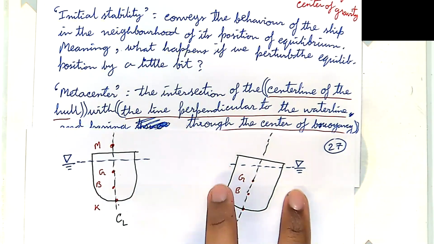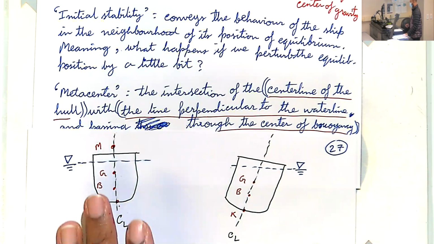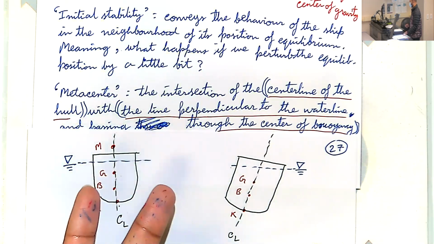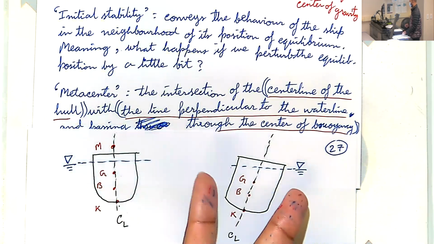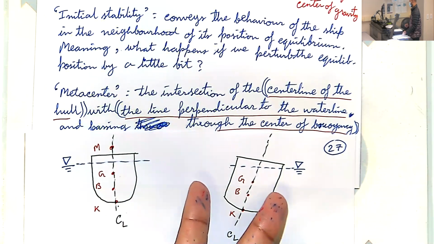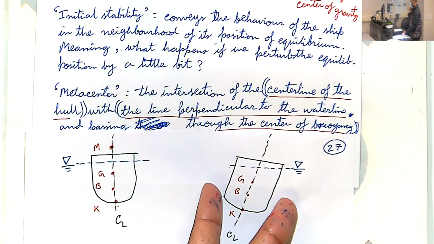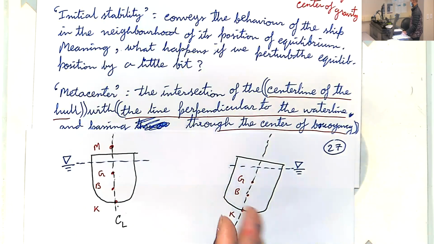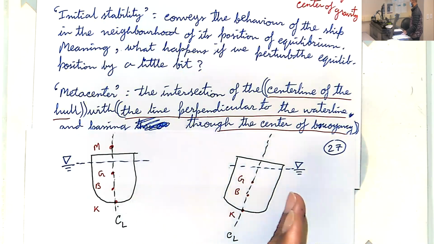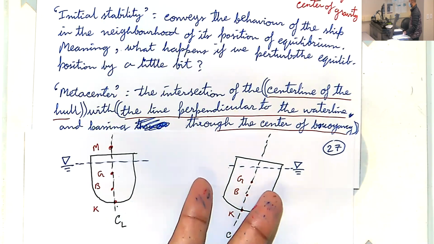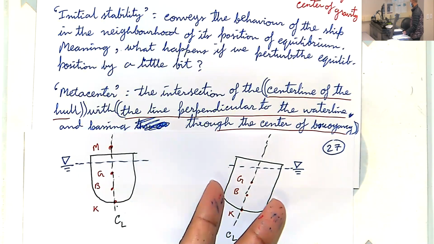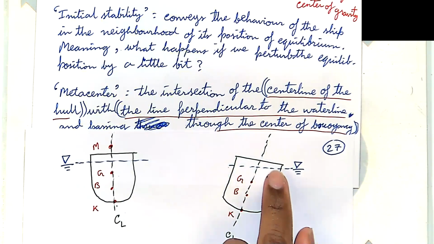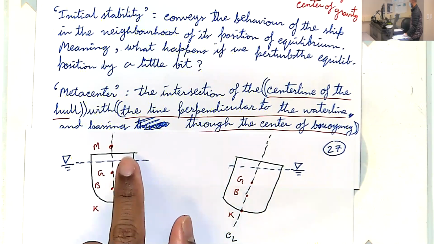But what you have done is, here, the submerged volume was distributed equally on the starboard side and the port side, on the left and the right. What has happened here? Intuitively, if we cut the hull into half, the left half and the right half, what have you done by tilting it over? Is the volume on the right side, the submerged volume, the same as what it was here?